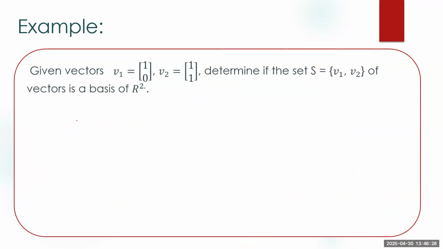Okay, for example, given vectors v1, v2, determine if the set S of v1, v2 is a basis for R2. Again, we must show that the vectors span R2, and also we want to show that this set of vectors is linearly independent.